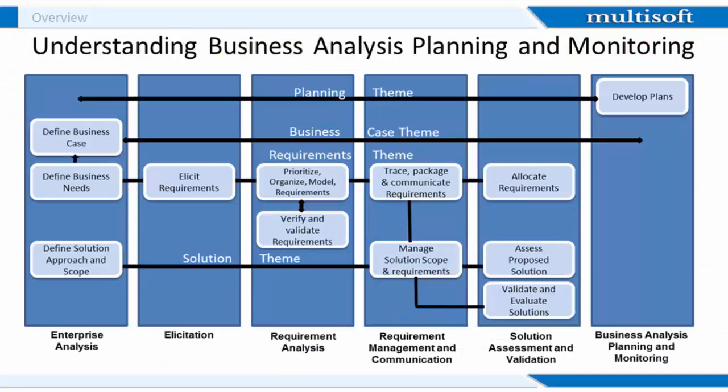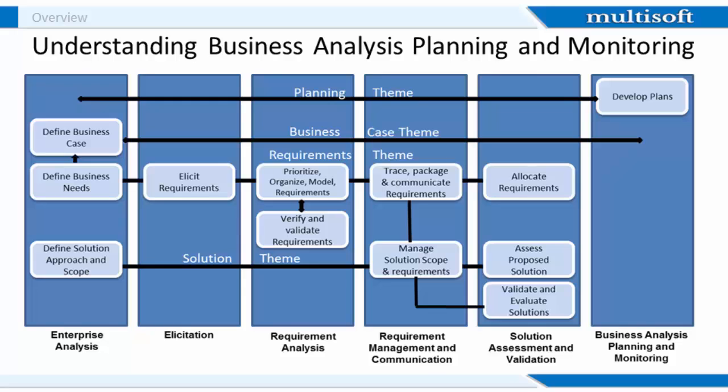This slide talks about the knowledge areas and the overview. If I start at the bottom, enterprise analysis is written first. If you remember, I said that this knowledge area is a pre-project activity where you define the business case and business need. Another task is define solution approach and scope. So this is the pre-project knowledge area. Then you move forward with elicitation, where you elicit requirements.